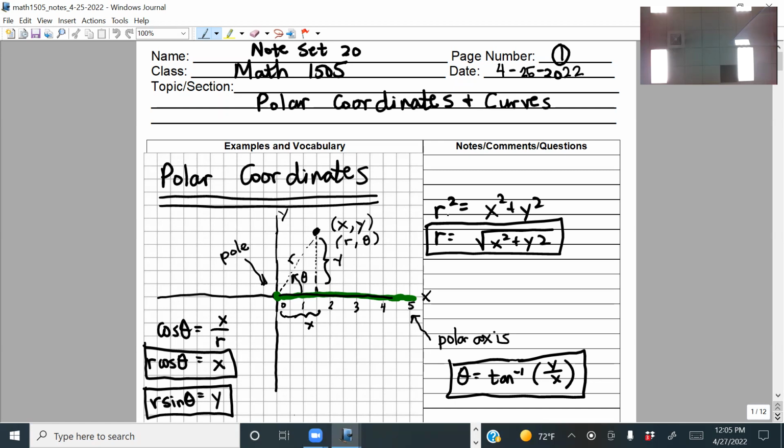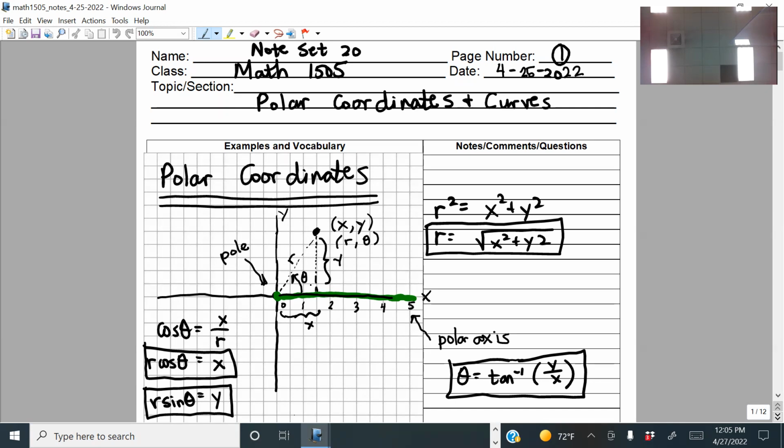This hypotenuse squared, right? R squared. Take the square root of both sides. Oh, there's the R value in polar coordinates. It's the square root of x squared plus y squared. So if you know the rectangular coordinates, if you just take the square root of the sums of the squares of the two coordinates, that gives you the R value for polar coordinates.